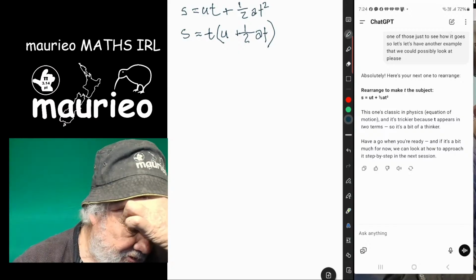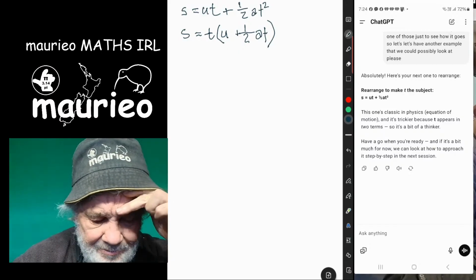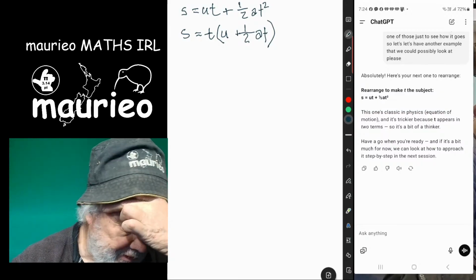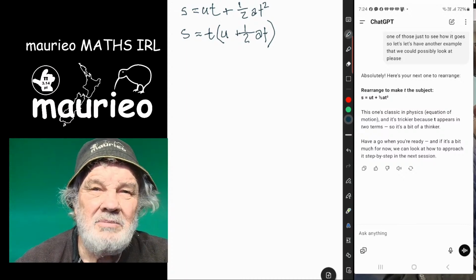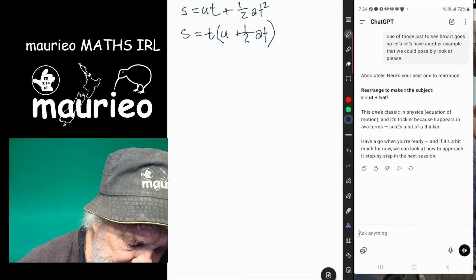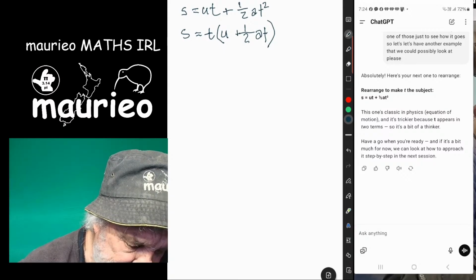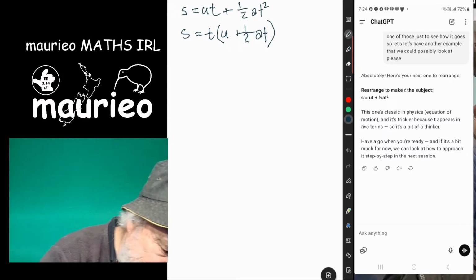Right, make t the subject. Trying to do this with the simple skills that we've got, but I've got a wee bit stuck on this one, I think. I'll just go back a bit. I'll just cross that out there.